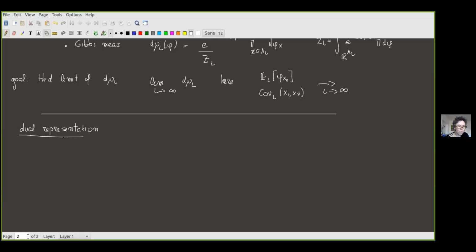Okay, so I will now do this explicitly in the simplest possible case. I will take the average at a particular point. So remember, this is the integral of the product d phi_j e to the minus H(phi). And here we have our observable, and we have to divide by the normalization.